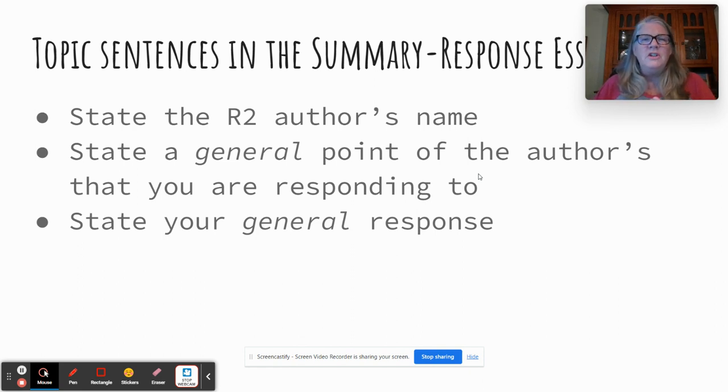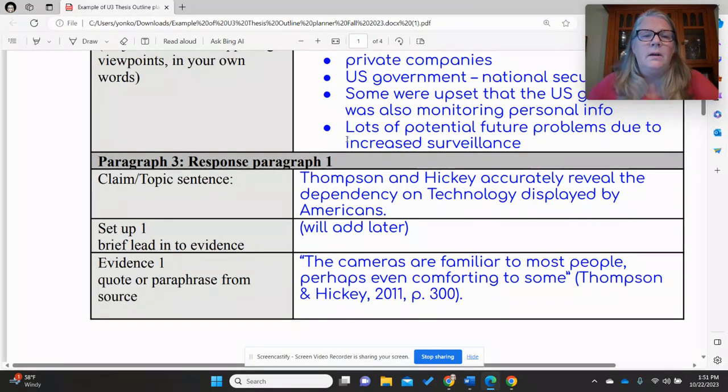One of the points, a general point that the author makes that you're responding to in that paragraph, that's establishing the focus for the paragraph. And also your general response to that point. So you and the author and some point that the author makes should all be appearing in this topic sentence. Let's have a look at the sample paper or the sample outline.